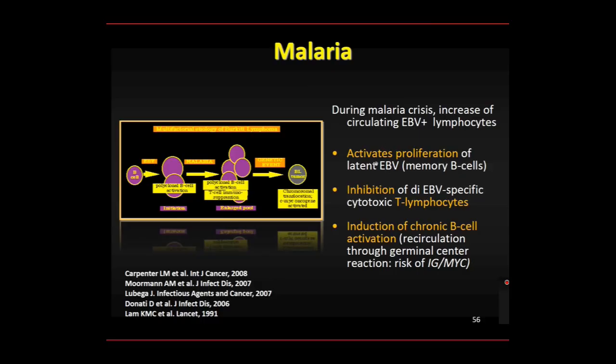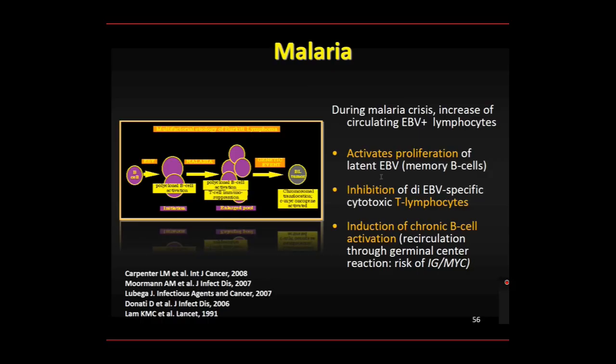And we have EBV immortalized B cells, so malaria can promote proliferation of EBV immortalized cells. Further, chronic malaria in real life is not just what we study. There is malaria, there is hemolysis, malaria is a chronic disease. Those children get malaria every night from mosquitoes, right? For years.